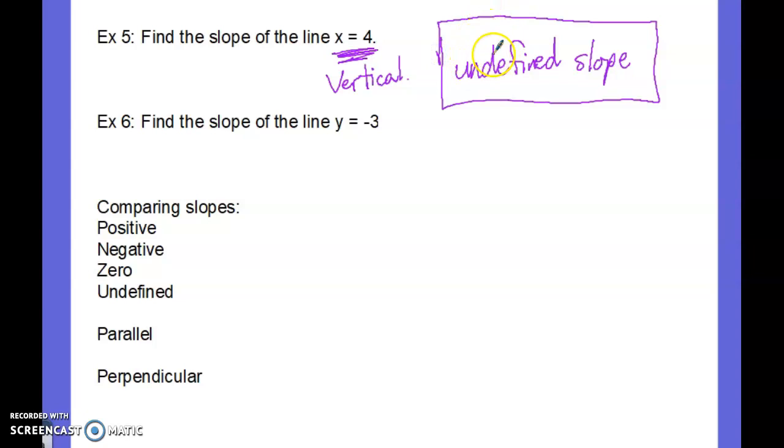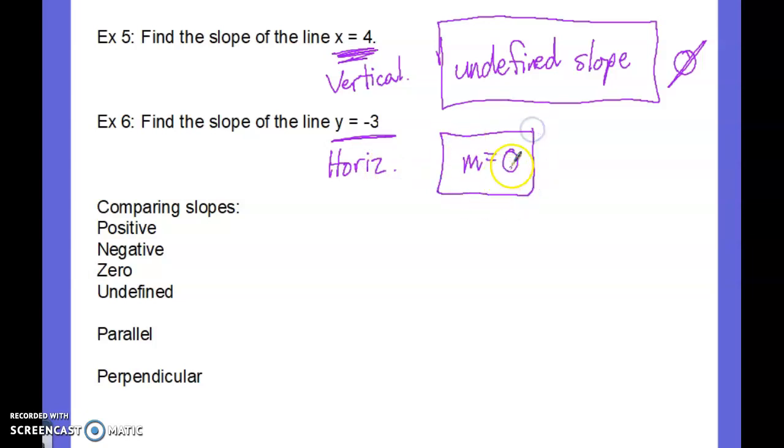It's very confusing, and I don't want to get into an argument. I will let you write down that the slope is undefined like this, because that is true. And same thing goes with the next one. This is y equals, a horizontal line, which we've already covered, has a slope of 0. Okay, again, try to avoid no slope, because I don't want that to be a catch-all for both of these. There's a big difference between an undefined slope and a slope of 0.